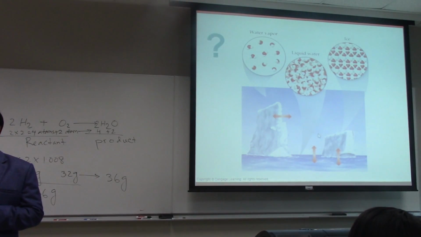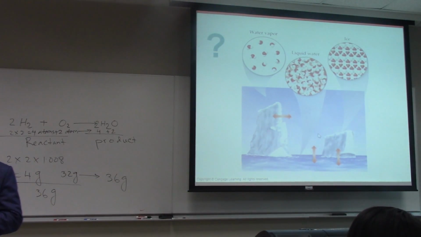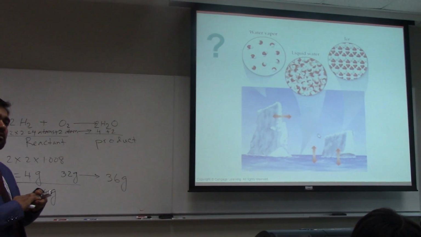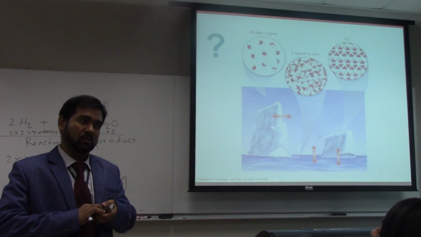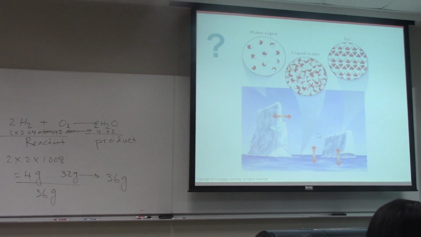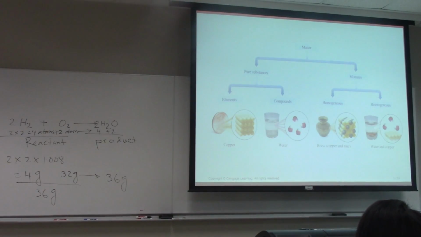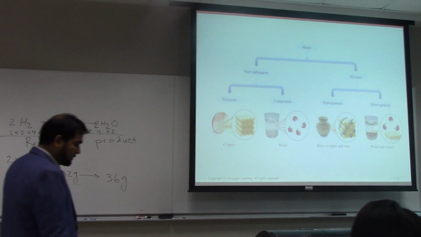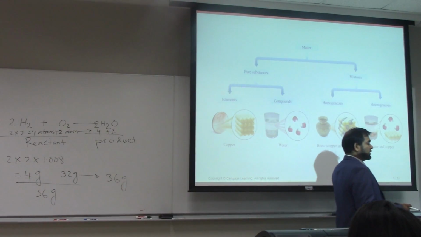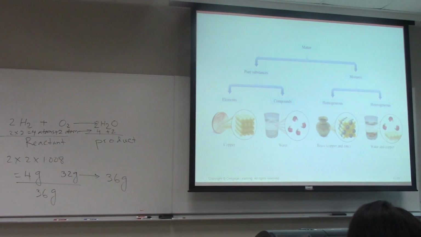Solid. And which state has the highest distance possible? Gas. So that's how they move. Solids have intermolecular attraction, but gas doesn't. That's why they flow around, bumping into each other. So that was the classification of matter based on their state.